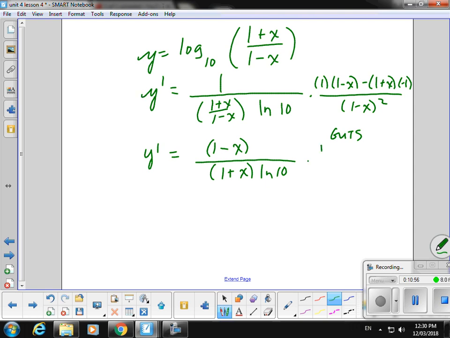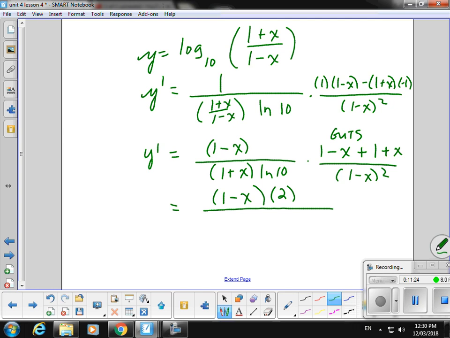And the top, I have 1 subtract x plus 1 plus x over 1 minus x squared, equals 1 subtract x times, oh, the x's disappear, times 2 over 1 plus x, 1 minus x, ln 10.